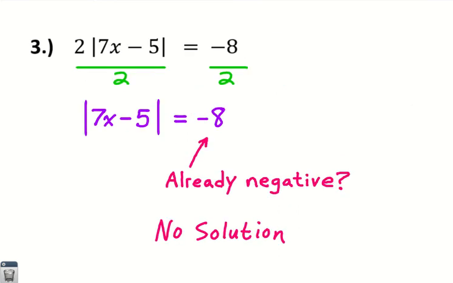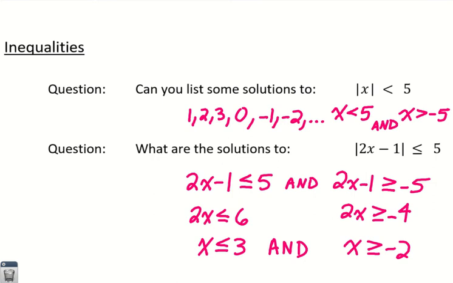With inequalities, whether it's a less than or equal to, greater than or equal to, if it's any kind of inequality, once again, you make sure you have the absolute value part isolated, and then you split up into two cases, where your first case is just as is, and in your second case, you flip the symbol and make the number on the right negative, as you've seen in these examples.